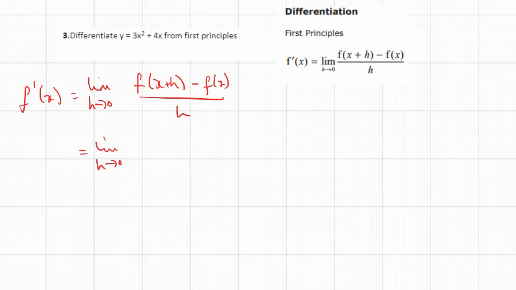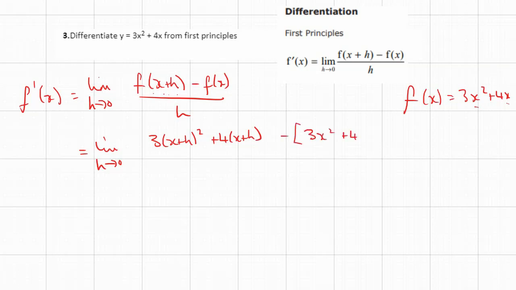So, f of x is 3x squared plus 4x. For this f of x plus h, we just need to put x plus h instead of x in these two terms. So I'm going to get 3 brackets x plus h squared plus 4 brackets x plus h. And then I'm going to subtract all of this because that's just f of x there, and that's going to be over h.